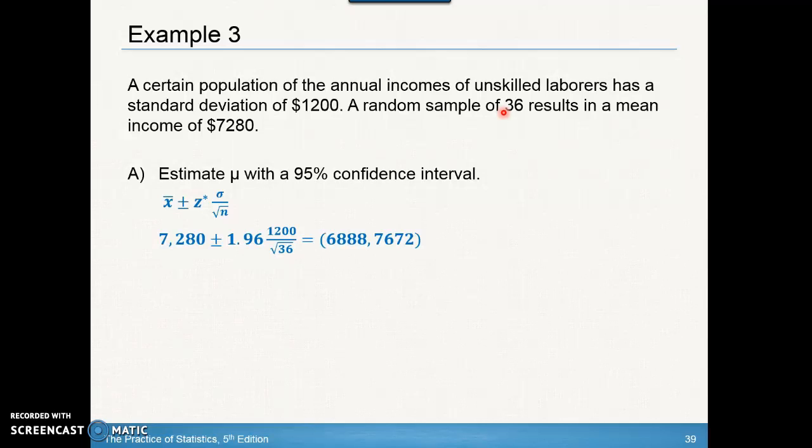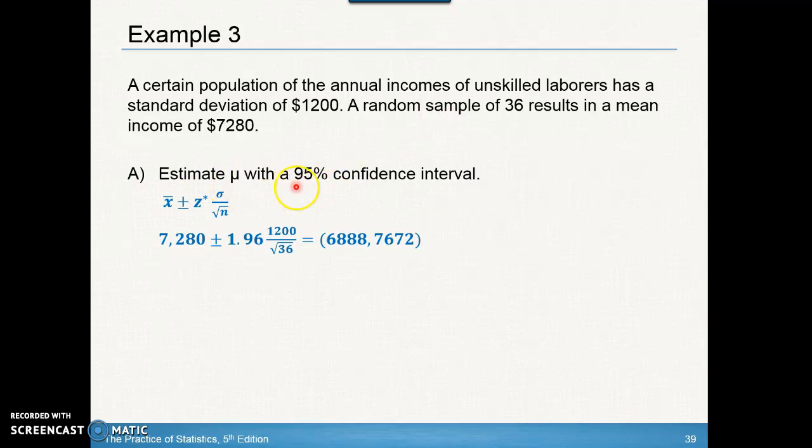So that's number one. And then number two, we know that they're independent. The population is more than 10 times the sample size, so most likely there's more than 360 unskilled laborers, and that allows us to use the standard deviation. And it does say that it's a random sample. So our three conditions are met.